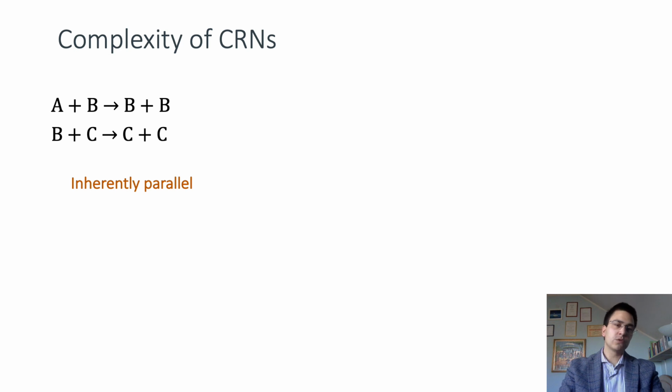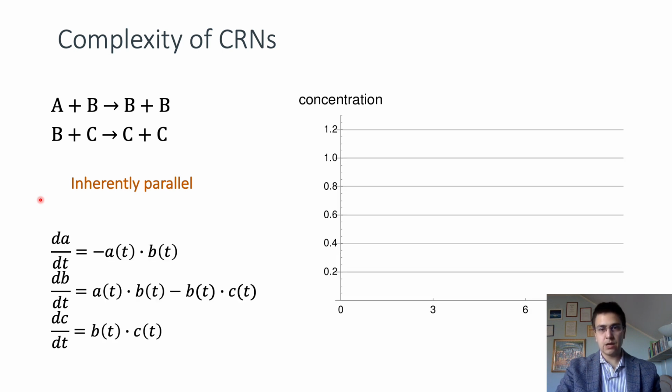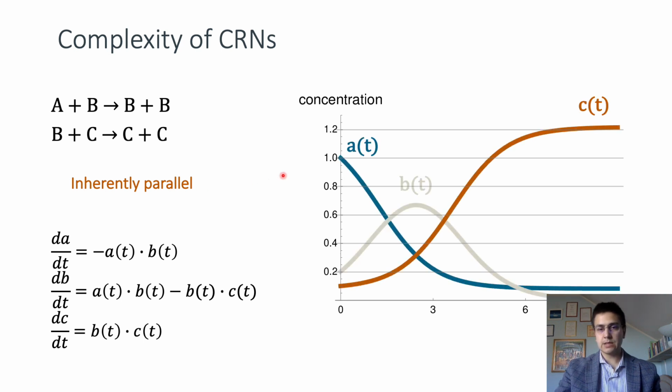Another thing that I want to note that CRNs are highly complex. Here is a simple two-reaction CRN. One thing to note is also that CRNs are inherently parallel, meaning that every reaction occurs in parallel with any other reaction. This is a set of equations that describe the above CRN. Now we can actually simulate to see how molecules change over time, and this is the behavior we get.